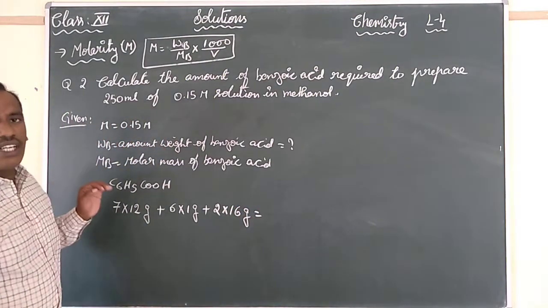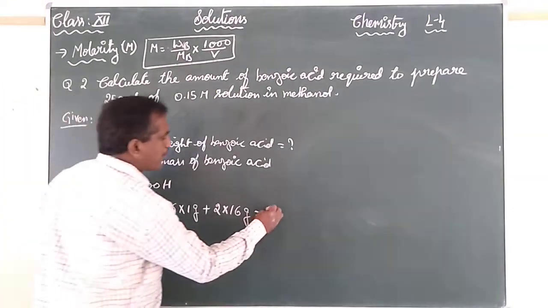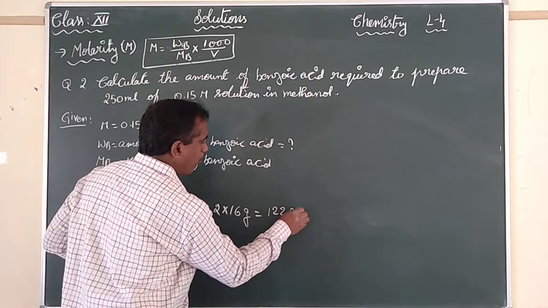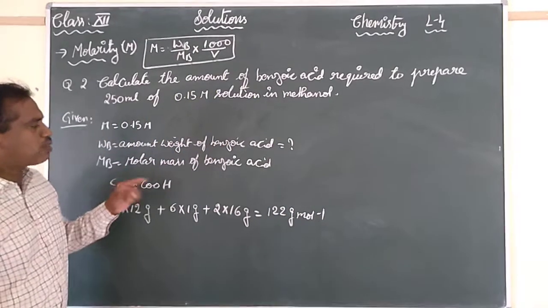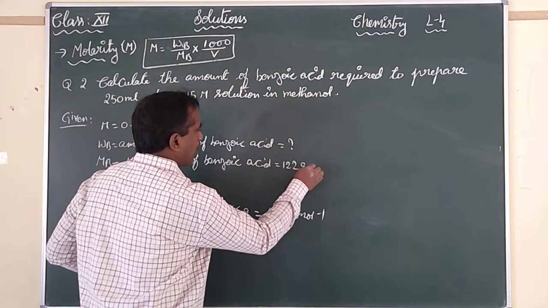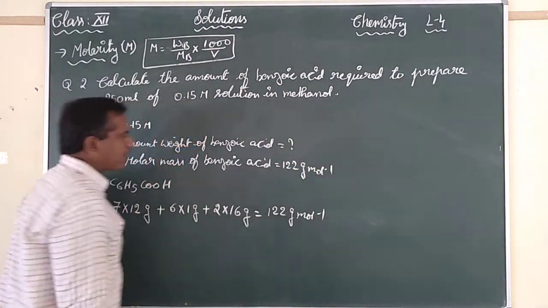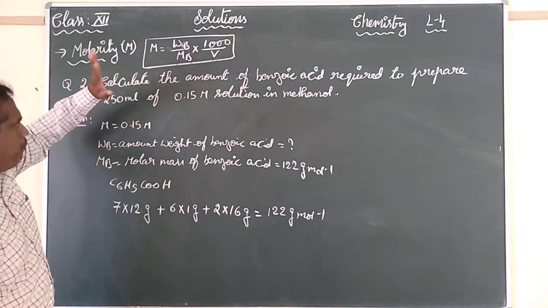How much are you getting, children? Please check it. Around 122 grams mole inverse we got. For 1 mole, the mass of benzoic acid is 122 grams mole inverse.